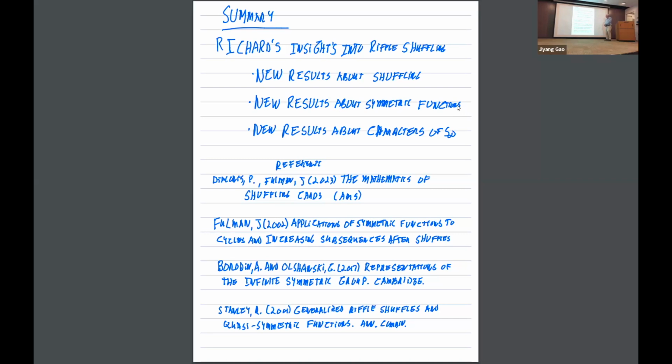Jason's theorem about the connections between shuffling and symmetric functions is in a very nice paper, Applications of Symmetric Functions to Cycles and Increasing Subsequences. If you want to know about S infinity, there's no better place than the beautiful book by Alexei Borodin and Olshanski, Representations of the Infinite Symmetric Group. I taught a course out of it. It's worth looking at if you don't know it.